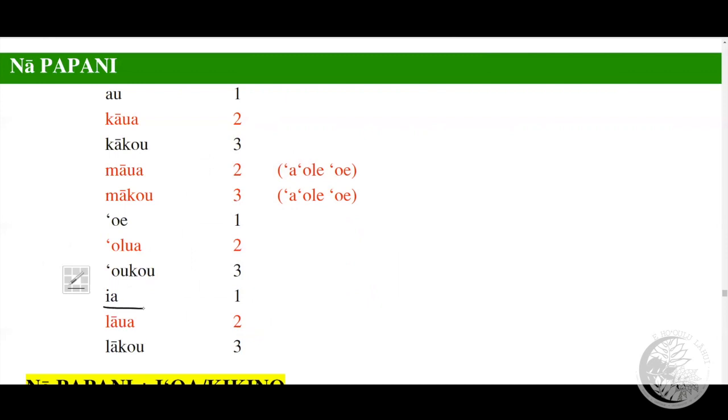Now, ia means basically it, or he or she that generally has a name, ia. However, generally, if you notice, many times you hear the word 'oia being used to express the idea of he or she. And you notice this 'o is the same 'o you would have in front of names.